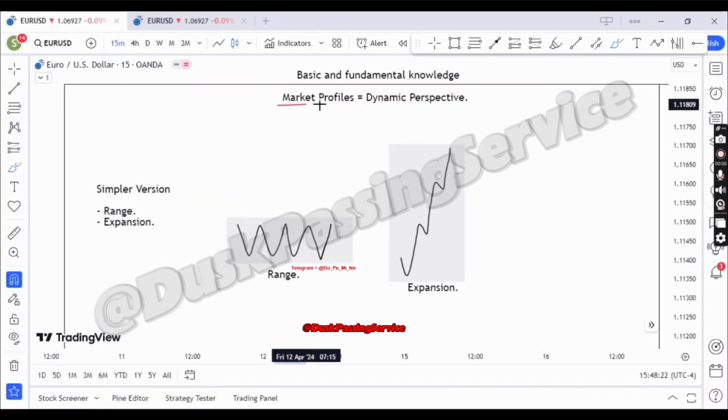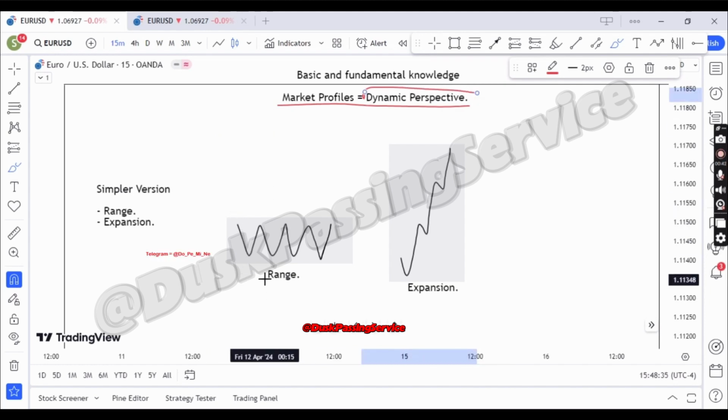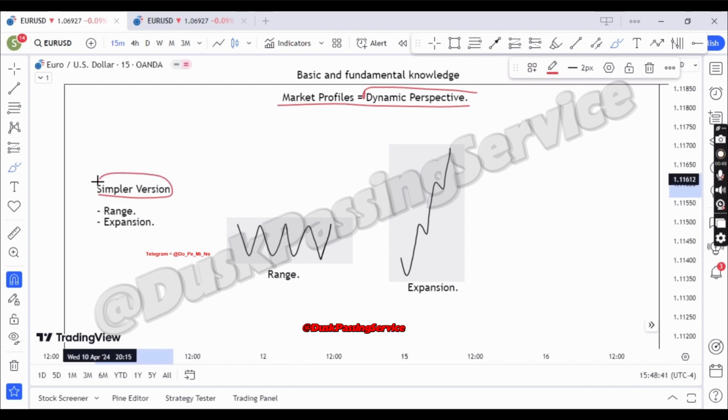Now, market profiles is basically a detailed analysis of the market dynamics and looking at the markets with a dynamic, mechanical, and objective perspective, right? Now, there are two ways to look at the markets based on market profiles. The first one being the simpler version, which only takes two profiles or two aspects into consideration and is a more basic way of looking at the markets, right?